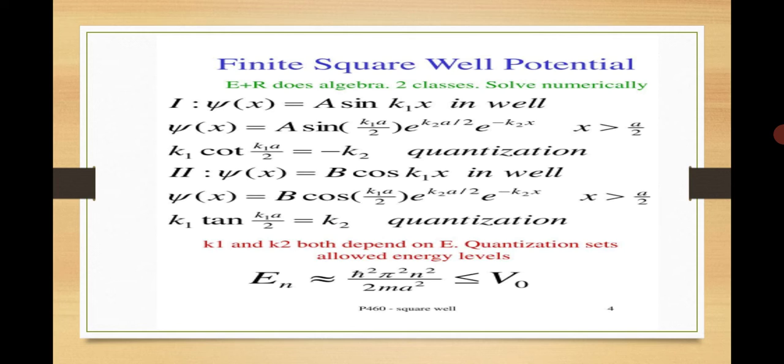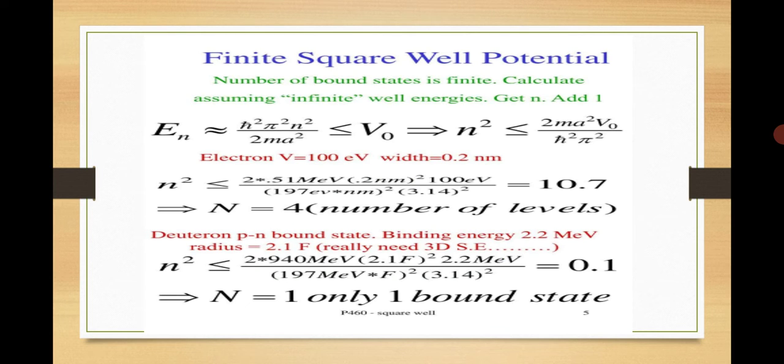So the energy E is equal to h cross square pi square n square upon twice m a square, and it should be less than the potential V0.